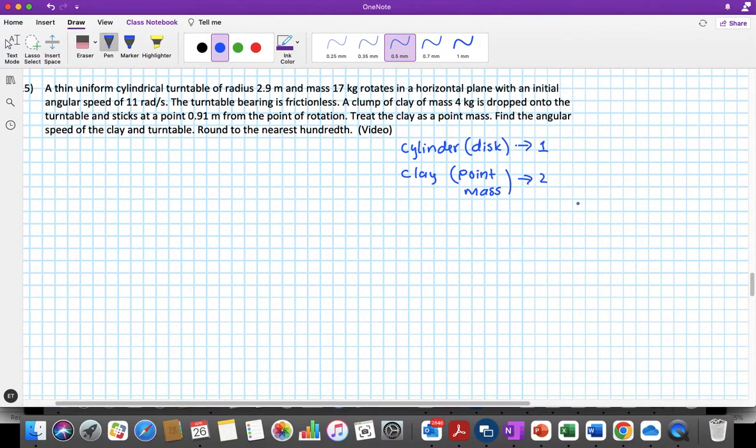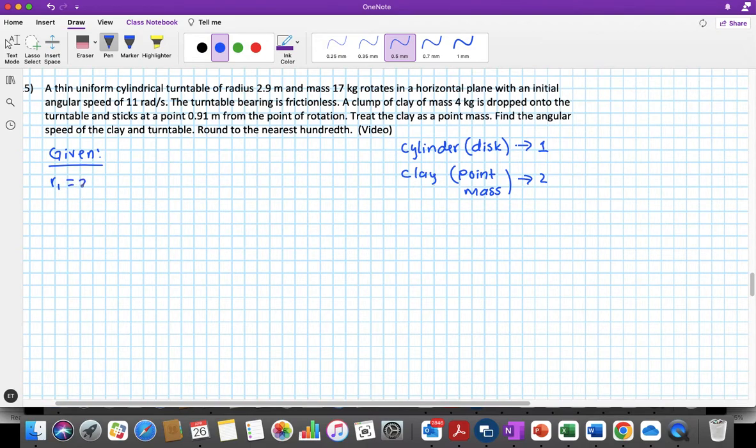Okay, let's write down what we have. Let's start with the given. Again, this is about conservation of angular momentum. We are told that the system is made of the turntable and the clay. So I have the radius, R1, that is the radius of the cylinder.